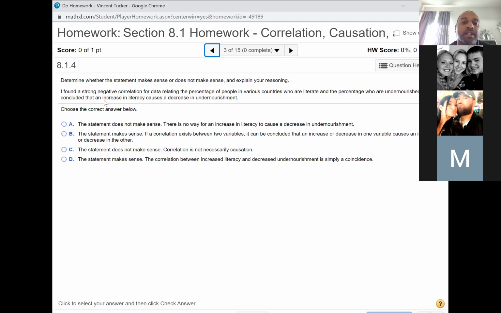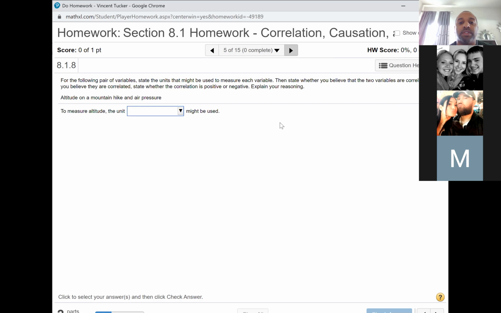I conclude that an increase in literacy causes a decrease in undernourishment. You have to determine whether it makes sense according to what we said. Does it make sense that an increase in literacy causes a decrease in undernourishment? So you have to pay attention to words as well.